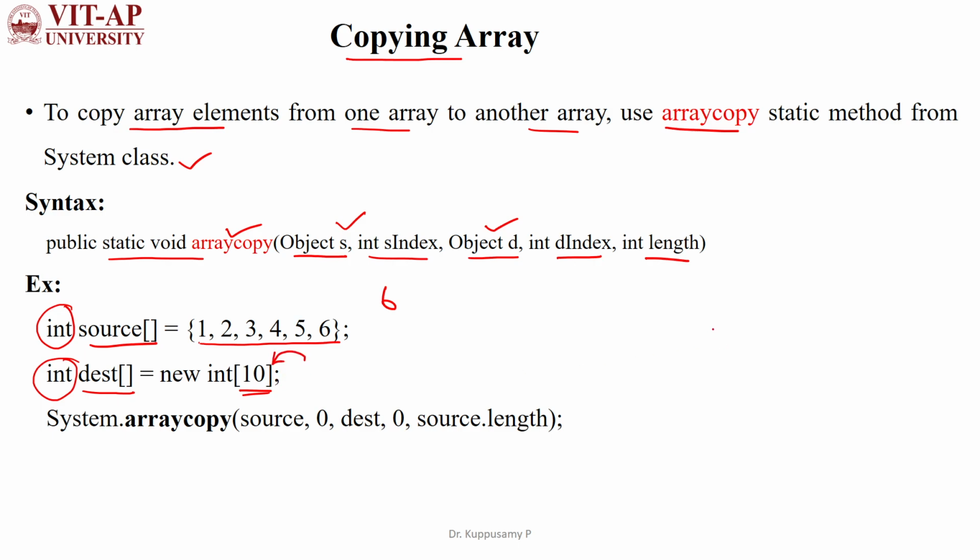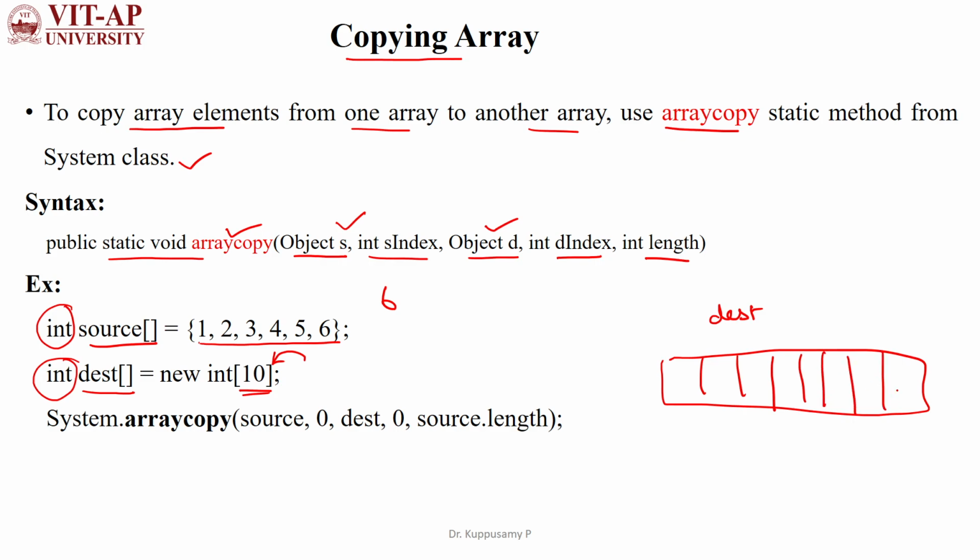So by default, for the destination, 10 memory locations will be created, and all the positions are filled with the default value 0. These are the memory locations here.